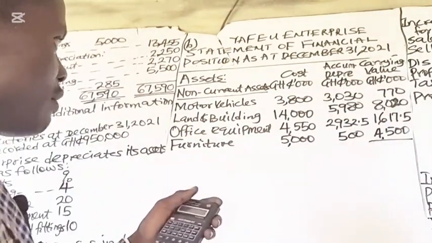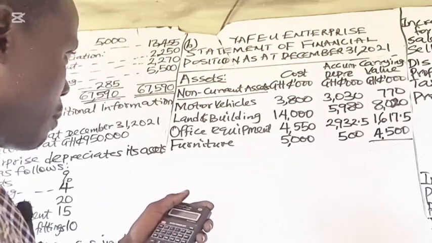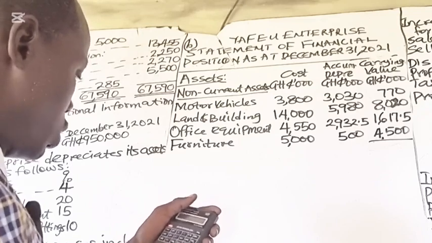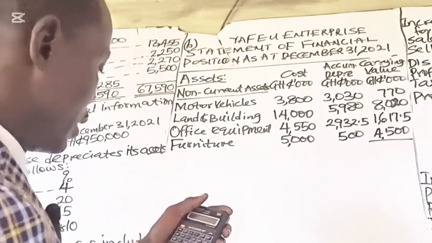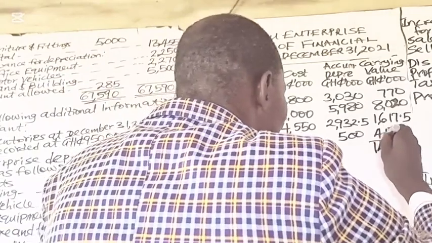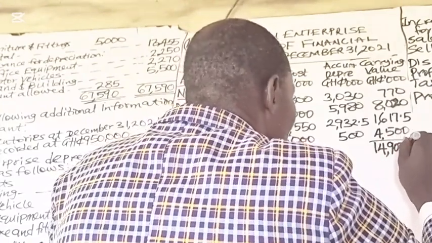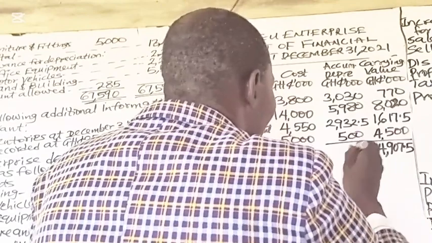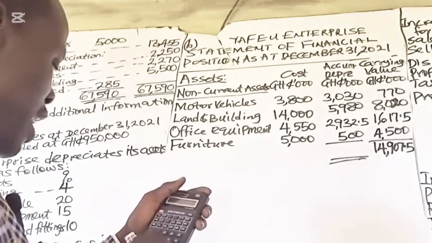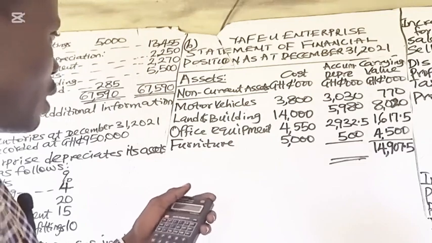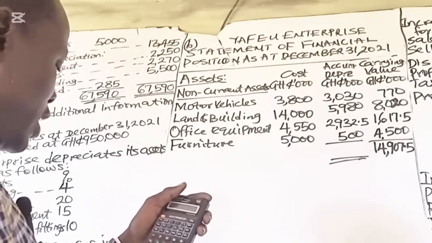So let's sum up the carrying value. 4,500 plus 1,617.5 plus 8,020 plus 770. Then you have 14,907.5. So for the accumulated depreciation, 3,030 plus 5,980 plus 2,932.5 plus 500.